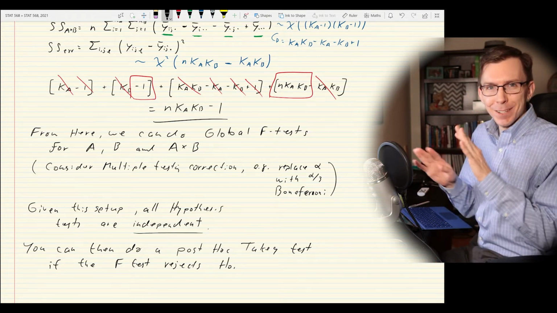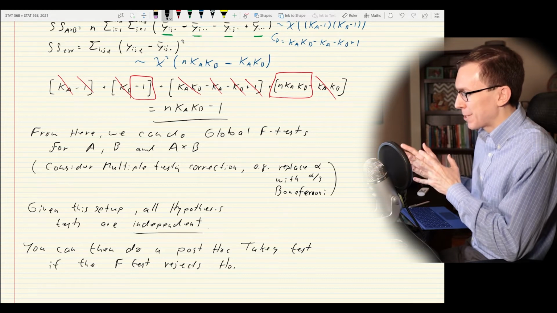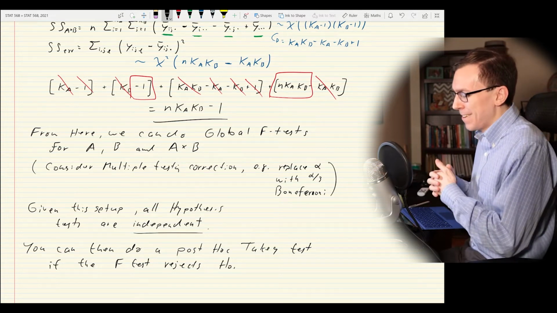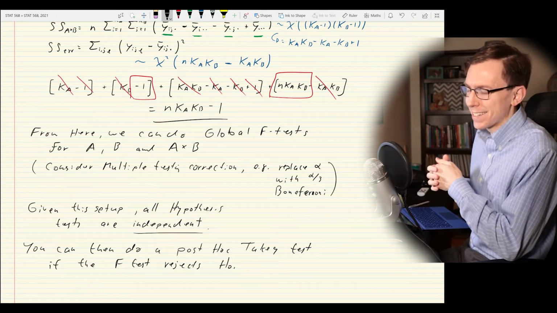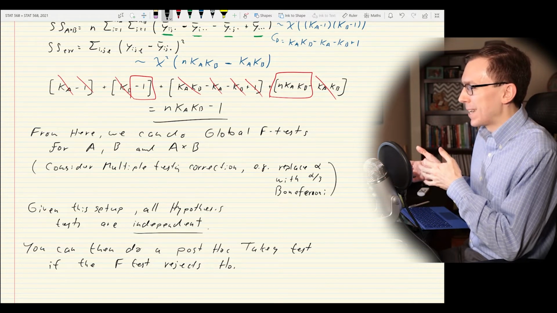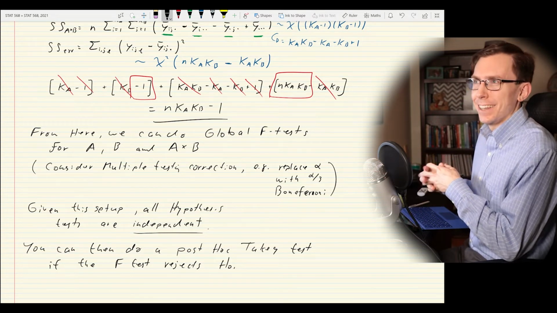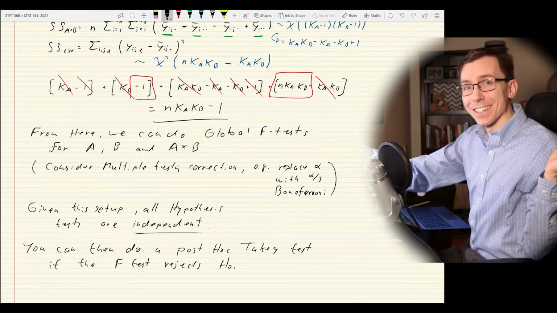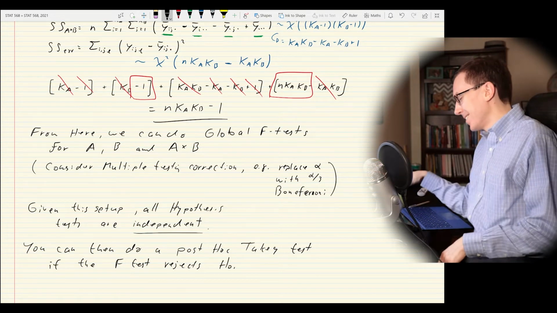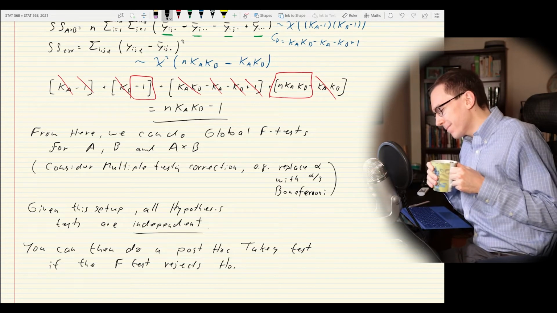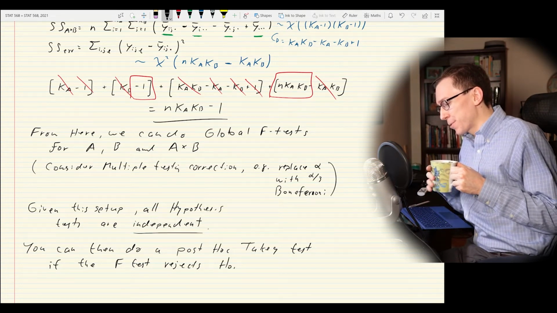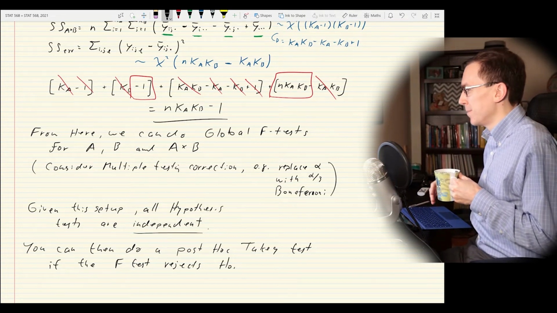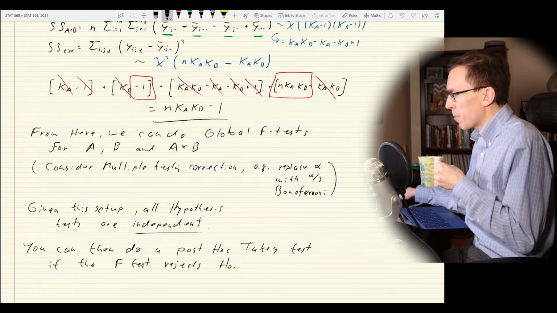And I said, no, the point is you can't learn anything because we didn't reject the initial F test. And if you don't reject the global test, you can't look for pairwise differences. It's like you're saying there are no significant differences here, so now we're going to go look for significant differences. Like, yeah, don't do that. Yeah, don't do that at all. Otherwise, yeah, you can just proceed as usual and do your post-hoc testing.